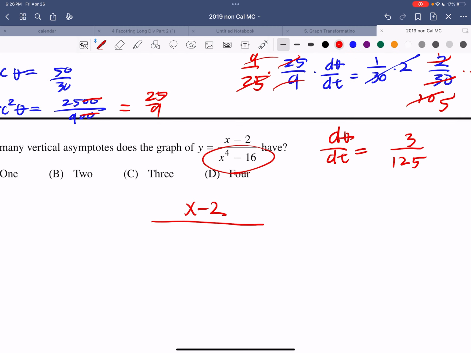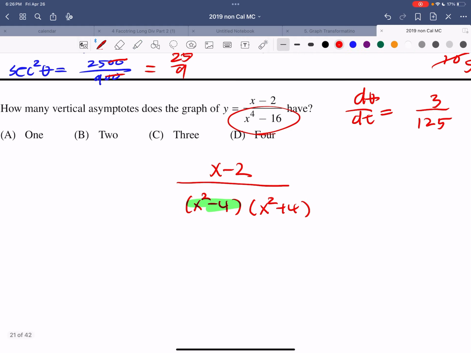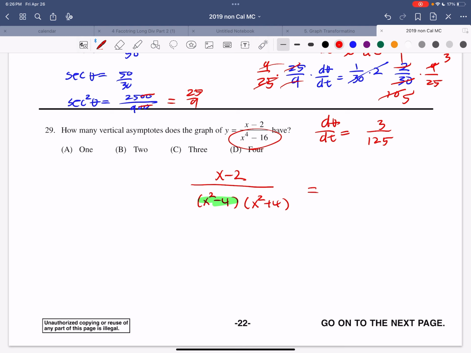If I factor it, it's the same thing as x squared minus 4 times x squared plus 4. And as you can see, I can factor this one further. So this is the same thing as x minus 2, x plus 2, x minus 2, x squared plus 4. And I can cross this one out. So that's the hole. So we have one hole in this case.